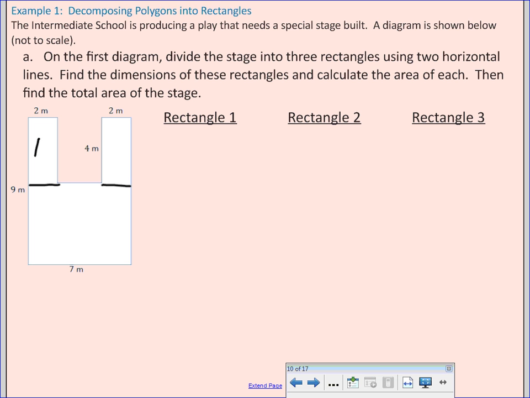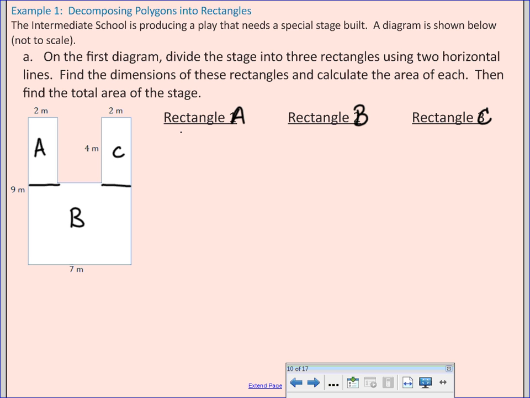So now I have shape A, shape B, and shape C. I'm going to change, these were numbered, but I think the numbers are confusing. So we're going to change them to A, B, and C. All right. What's the first step when finding area? Ladies, what's the first step when finding the area?